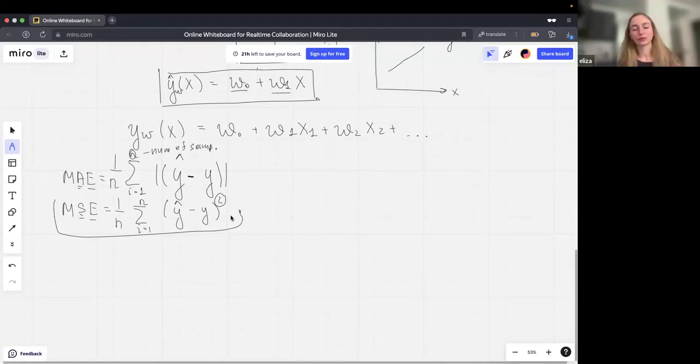So you have one metric for the linear regression task, and it's RMSE. You just take MSE and take the root of this value.